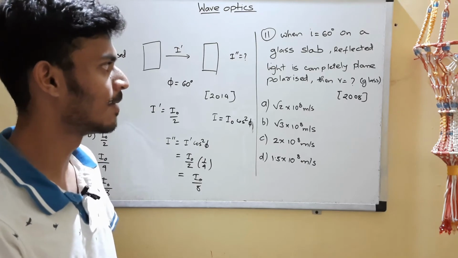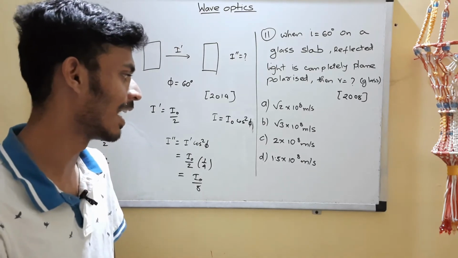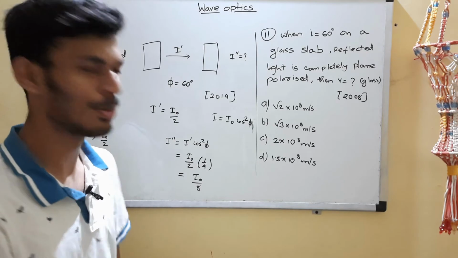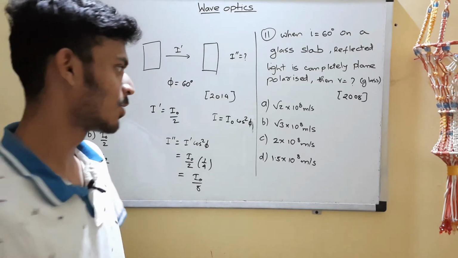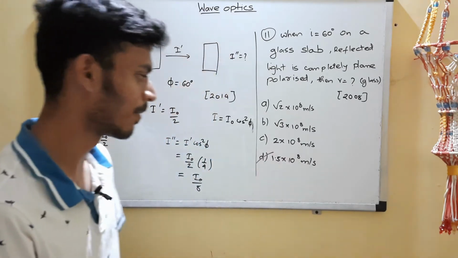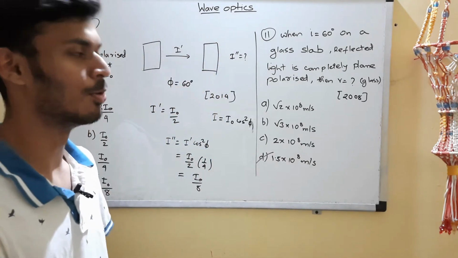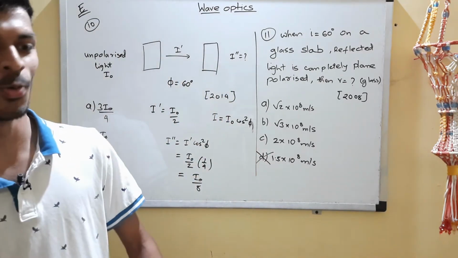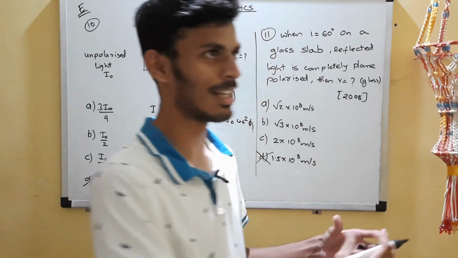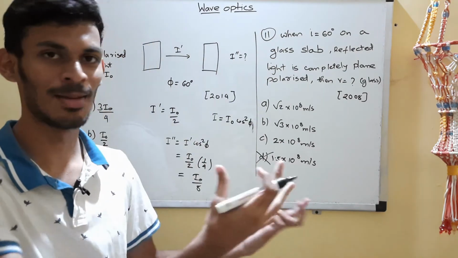Now it's very simple actually. Some of you might guess it directly because you might know the value of speed of light in glass, so you might directly say it's option D, for those who know it by heart. But this is actually wrong. Whenever you are faced with a question, please try to do it the conceptual way first.